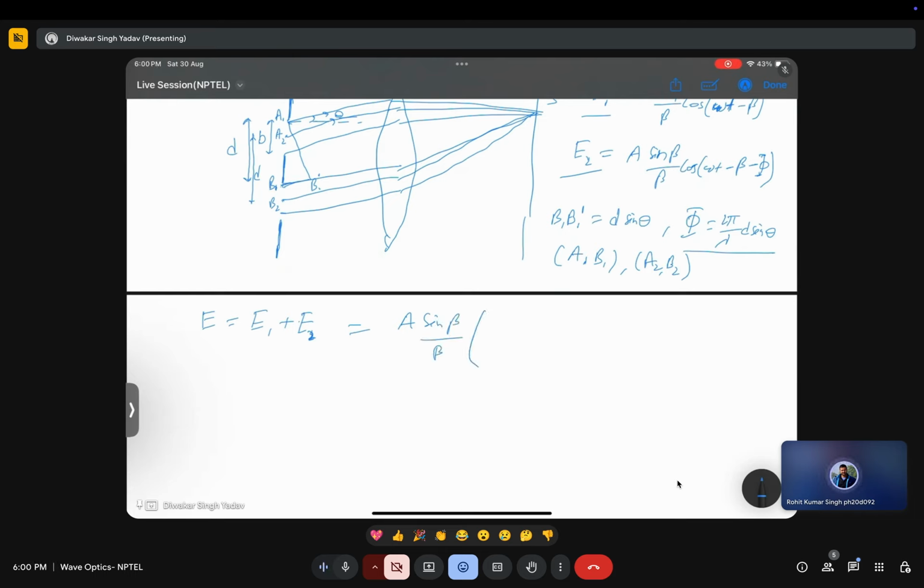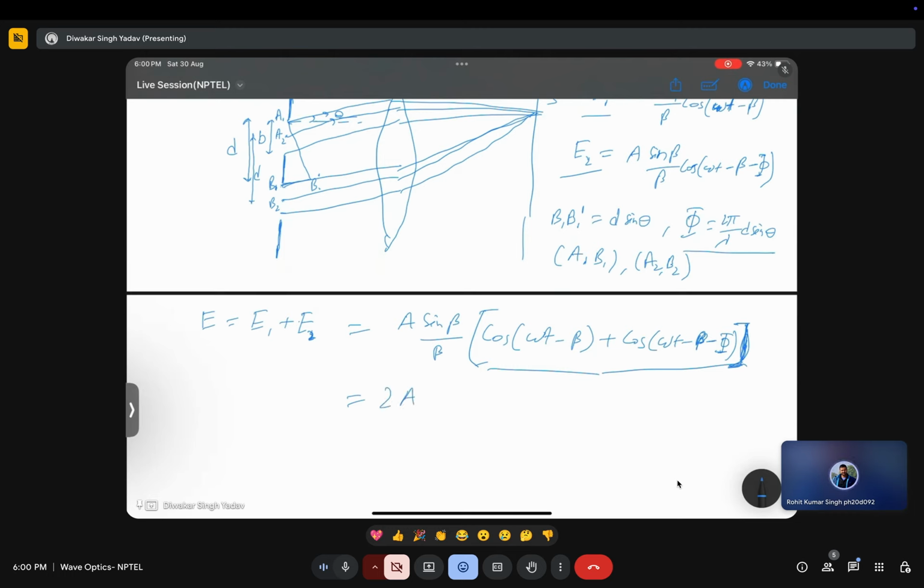So sine beta by beta, you have cos omega t minus beta, and then you have cos omega t minus beta with a phase difference of phi. This phi is bigger phi, capital phi or whatever. It is not the same phi as before. Okay, so this is again a cos c plus cos d kind of formula, so you can just simply calculate it.